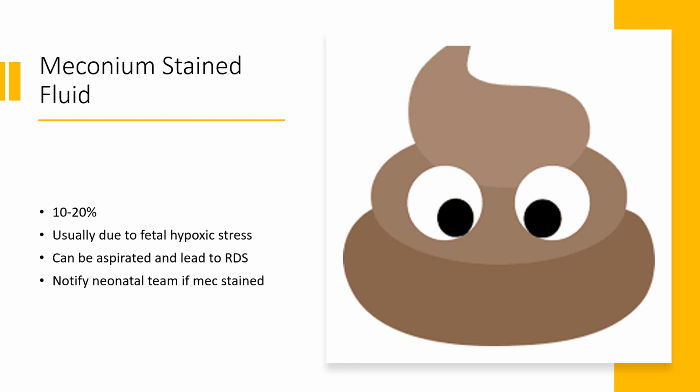Now, we know amniotic fluid, babies swallow it, it's within their lungs when they're in utero, and normally it's clear, and they cough it out, or it gets pushed out of their lungs when they're going through the vaginal canal. But with meconium fluid, some of that poop can stay within their lungs and cause their lungs to not want to work correctly once they're born.